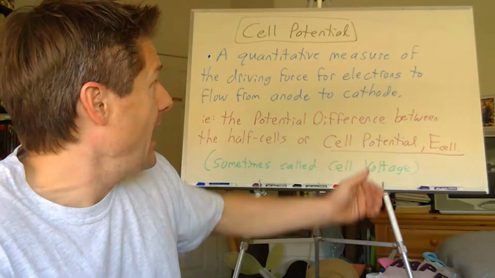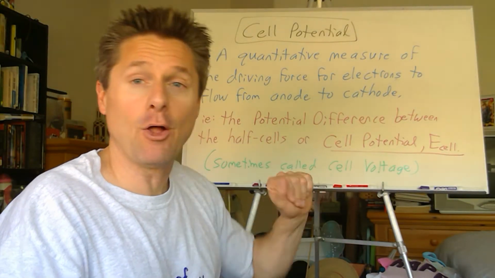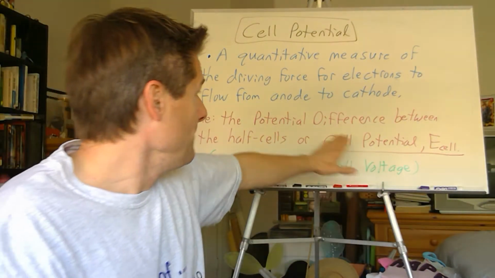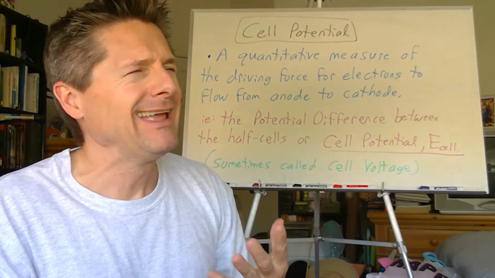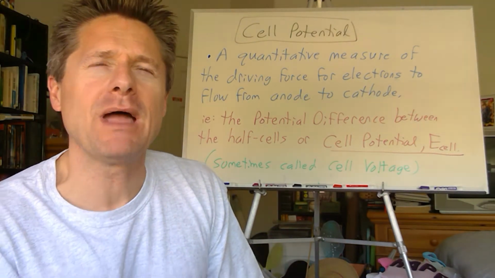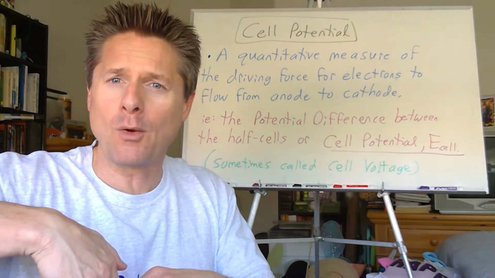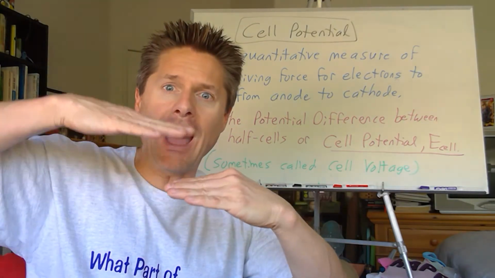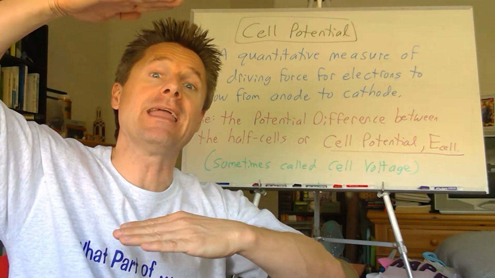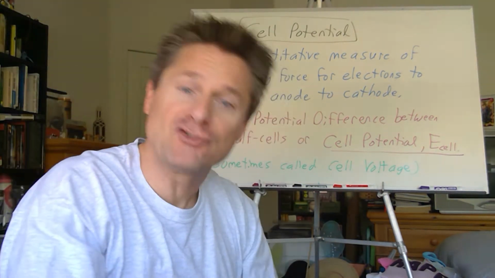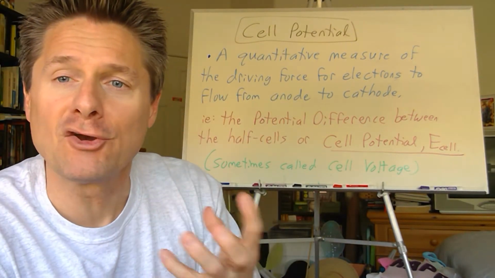Numerically, we can measure that using what's called the cell potential. That is the potential difference between the two half cells, the driving force for electrons to go. A bad analogy might be water flowing down a waterfall. Say we have a hydroelectric dam: the higher the height, the more potential there is and the more energy we can extract.